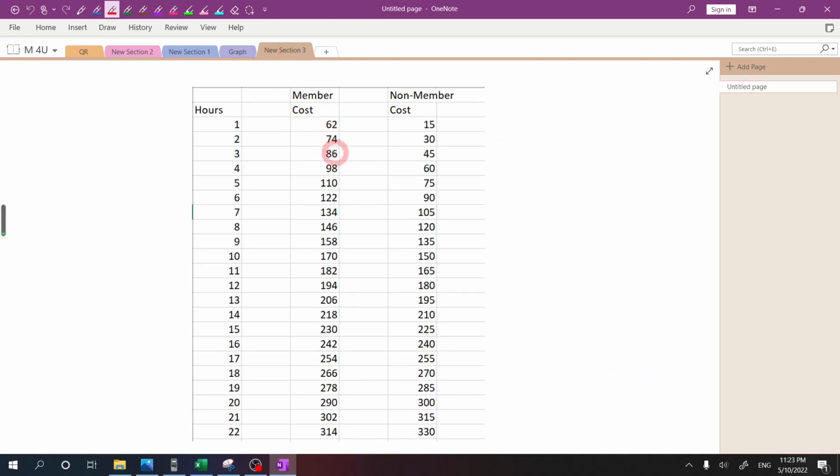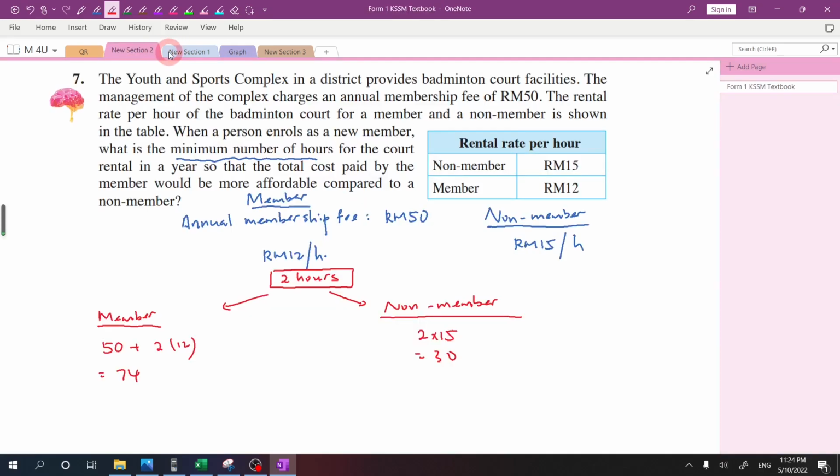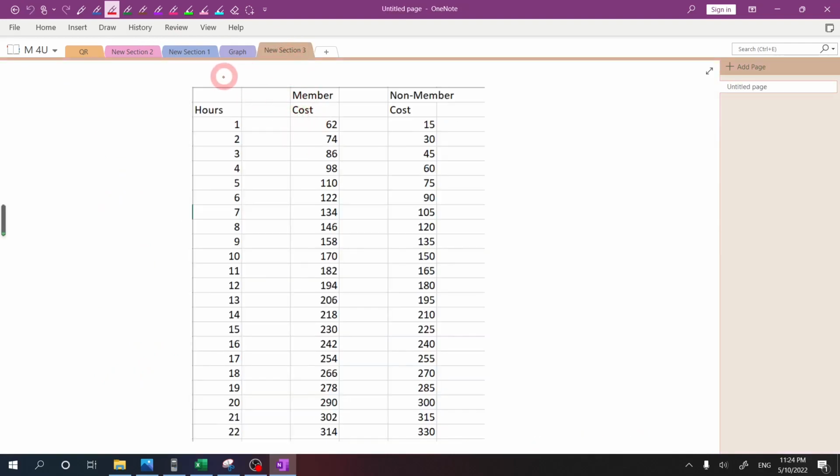How do I get all this value? This is number of hours. 1 hour member need to pay 62, non-member 15. Okay, we have counted this just now. Member 74, non-member 30. This member, how do I count all the number here?